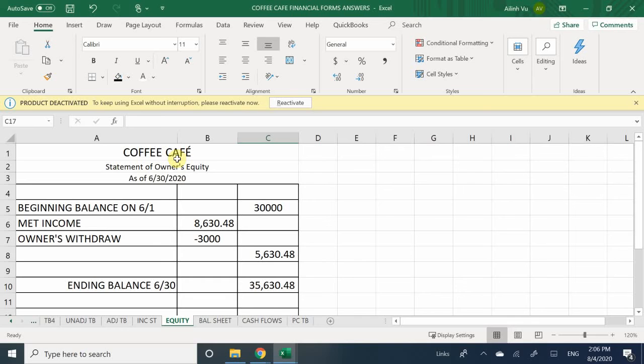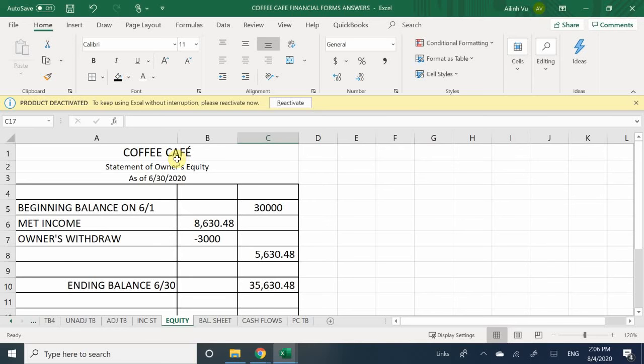However, we've also taken money out of the company. So remember, we had owner's withdrawal because we were thinking, hey, Mr. Bob Mason's the owner of the company. He's saying, I'm not going to run my business for free. I'm going to pay myself $1,500 twice a month. So therefore, every month I'm going to pull out $3,000.